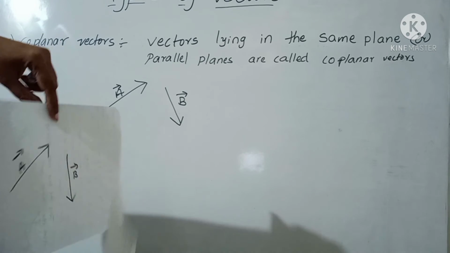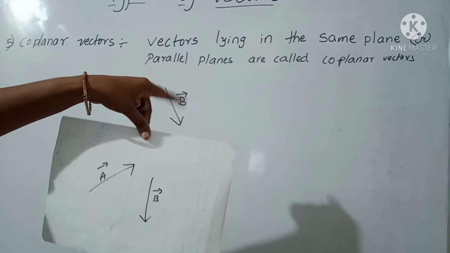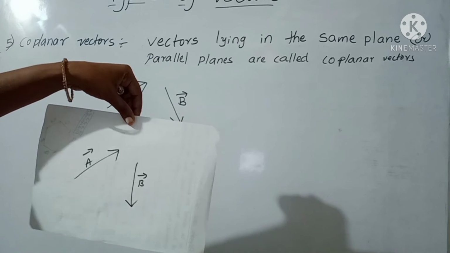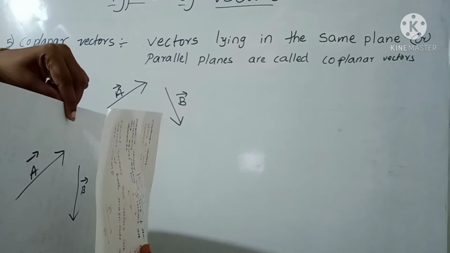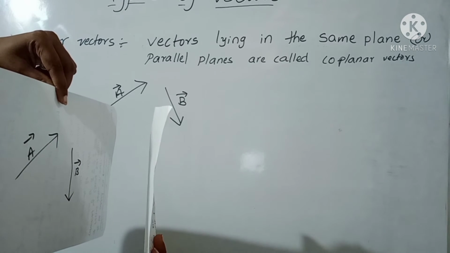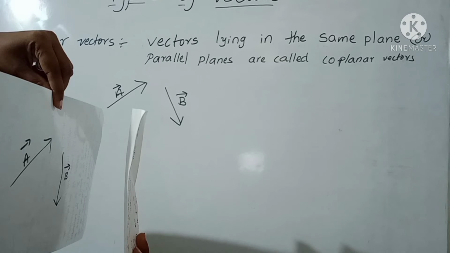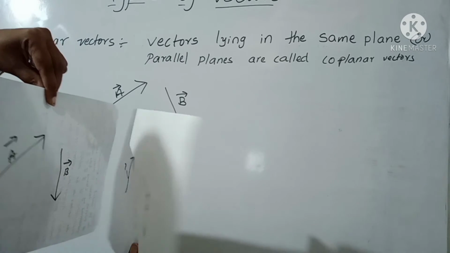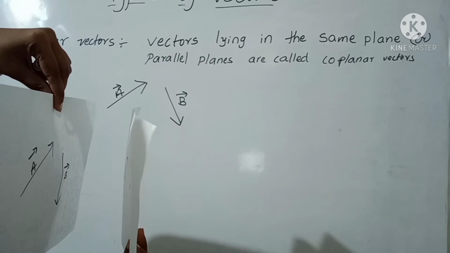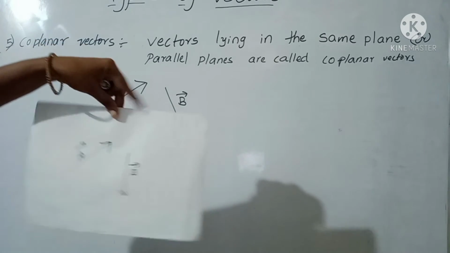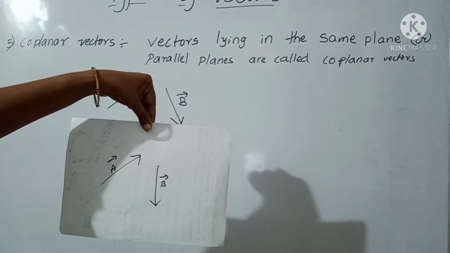So there are two conditions: if the vectors are in the same plane, they are coplanar vectors; if the two planes are parallel, then the vectors on the planes are coplanar. In this case, A bar, B bar, C bar, D bar, all four vectors are coplanar when the two planes are parallel. And if you take the same plane, A bar and B bar are coplanar vectors.